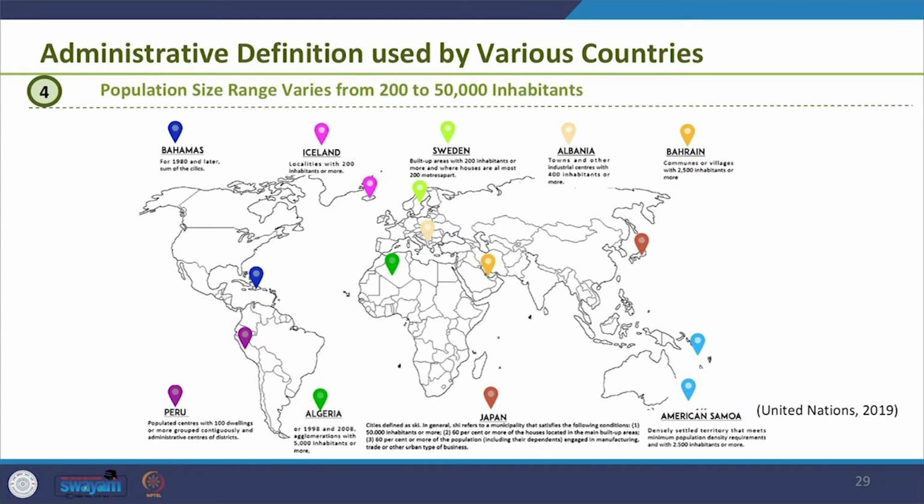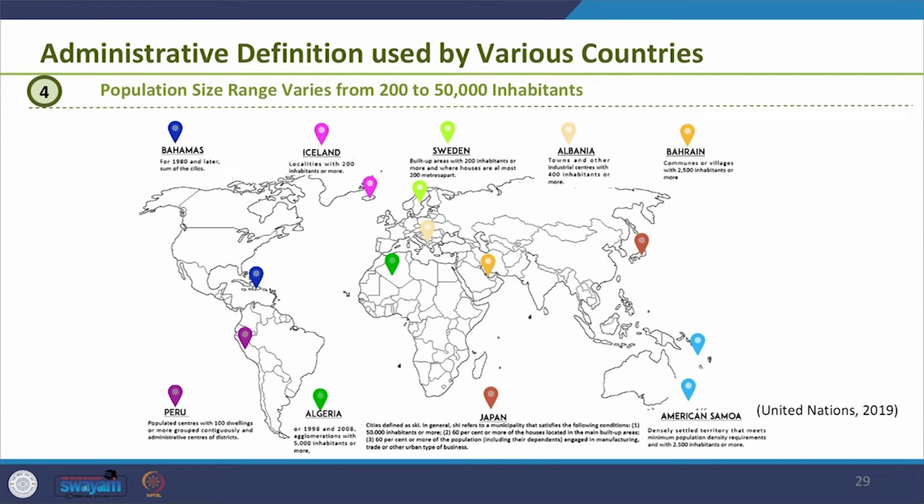And likewise, we see American Samoa here, which has 2,500 inhabitants. Bahrain again, 2,500. Albania, we see 400, and then Algeria, again 5,000, and Peru, which is like 100 dwelling units.